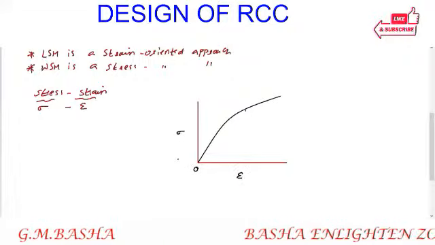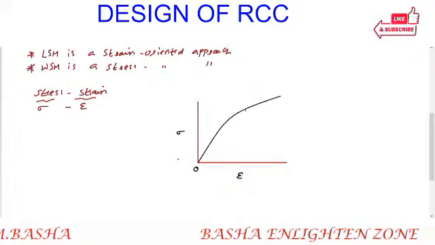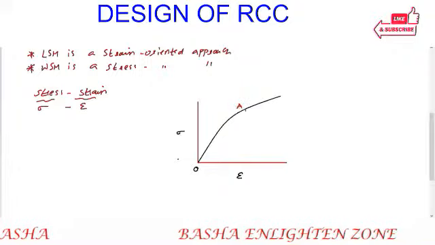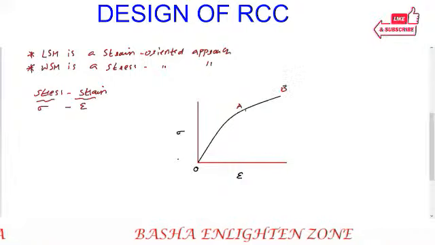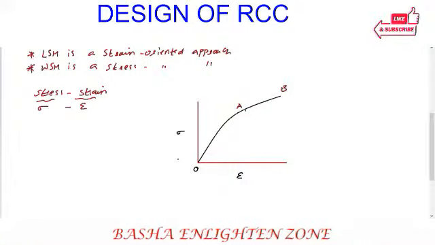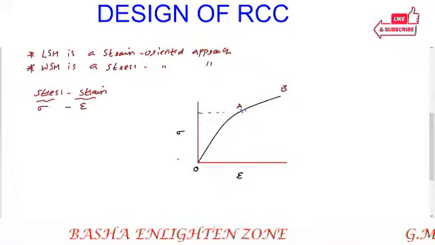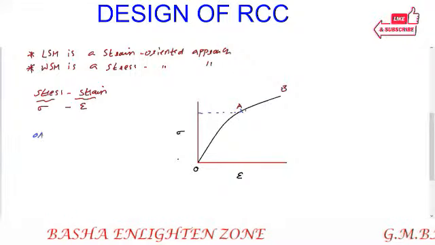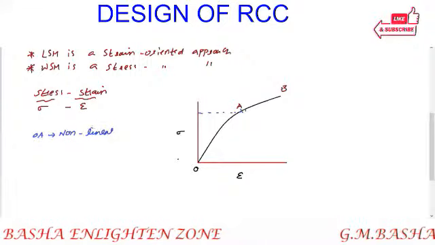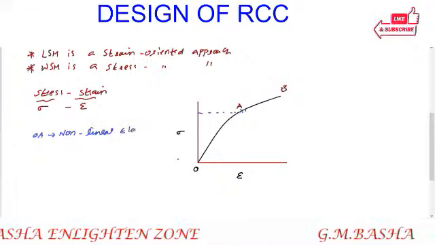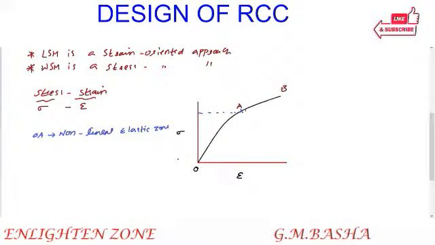Okay, and in this original stress strain curve, here this is A and this is B. Up to OA, this is the non-linear elastic zone, and this AB is the crack widening zone.